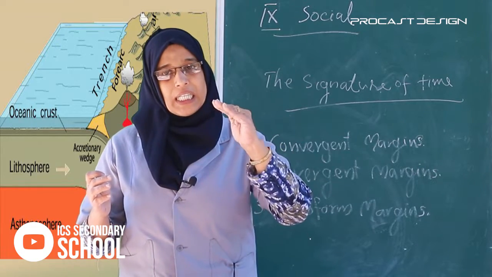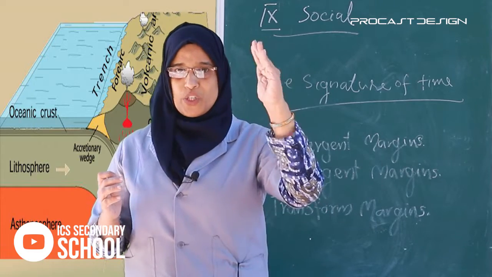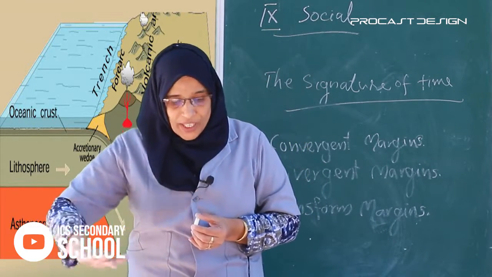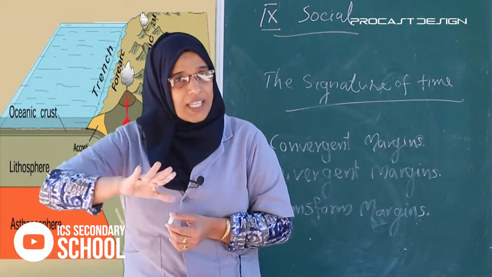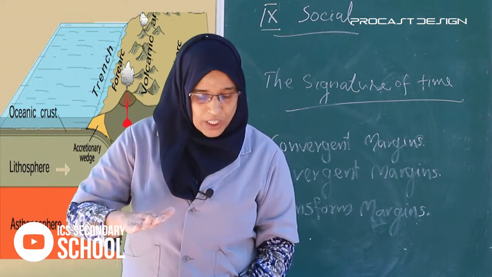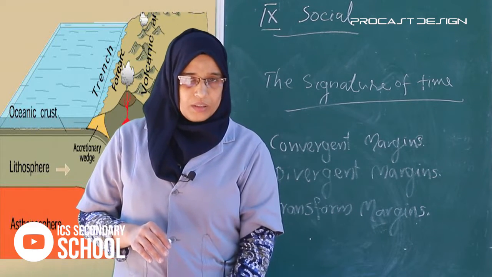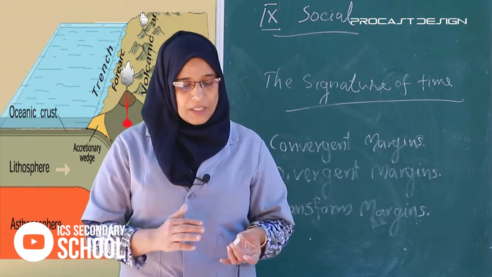Rising of the crust portion. Lowering of the crust portion is called subsidence. Two types of earth movement: uplift and subsidence.